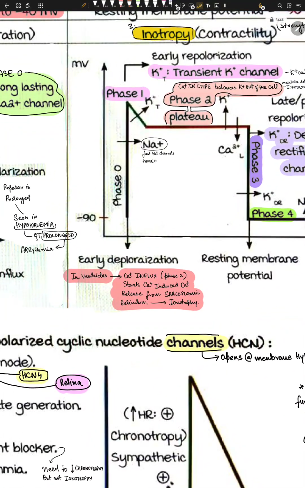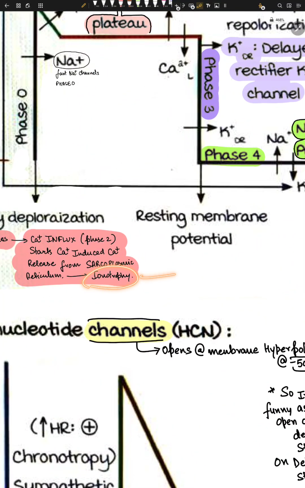Early repolarization. So what happens here is that in ventricles, the calcium influx, that is phase 2, starts the calcium-induced calcium release from the sarcoplasmic reticulum for the inotropy. So what is inotropy? Inotropy is contraction, and contraction is done via actin myosin, right? This actin myosin interaction is driven by calcium, and this calcium comes from the sarcoplasmic reticulum, right?